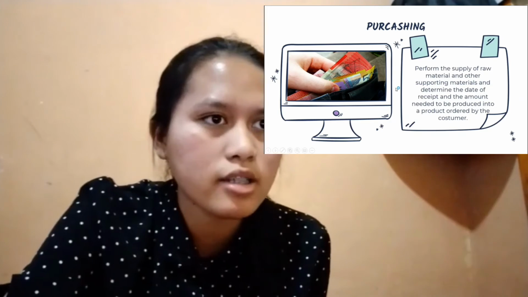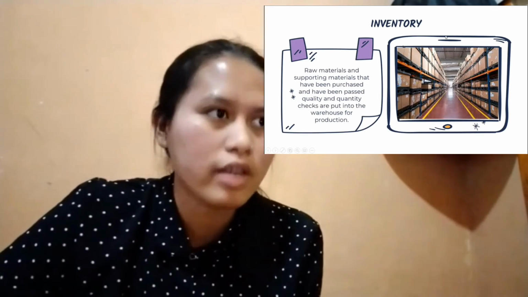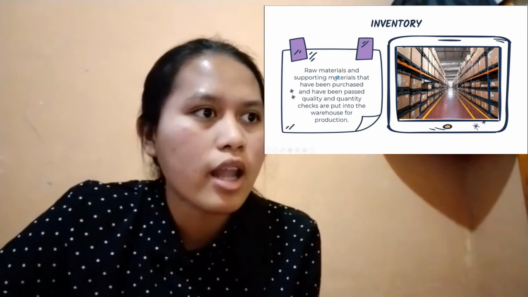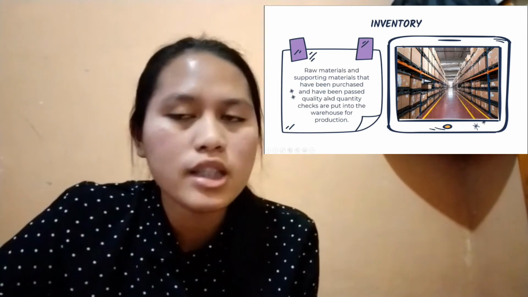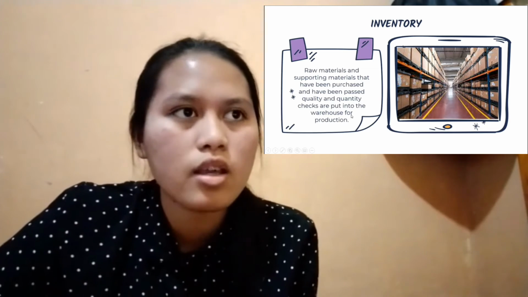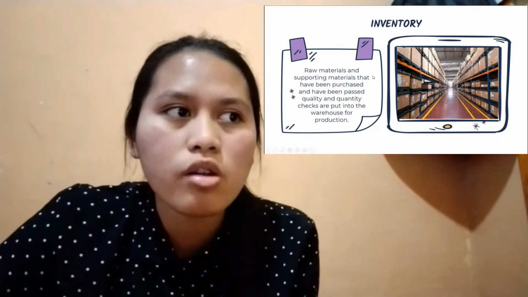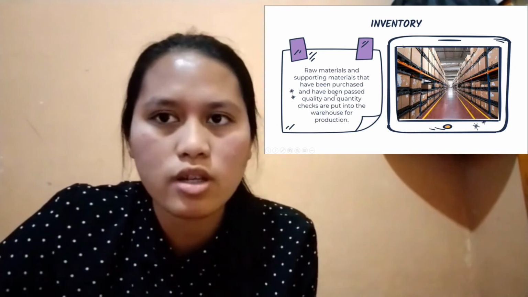We'll talk next about inventory. What's inventory? Inventory are raw materials and supporting materials that have been purchased and have passed quality and quantity checks, and are put into the warehouse for production. It's like storing the good raw materials and supporting materials in the warehouse and waiting for the production process.